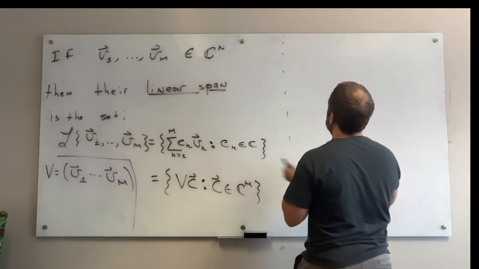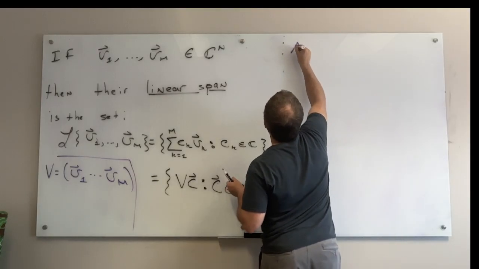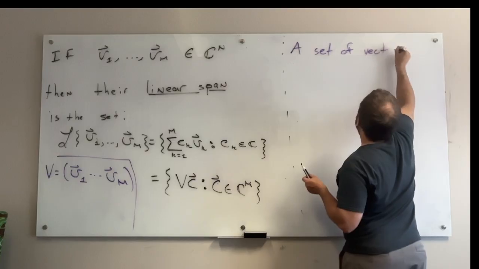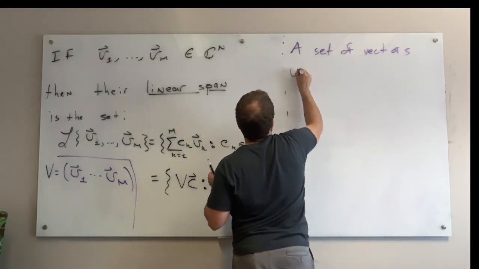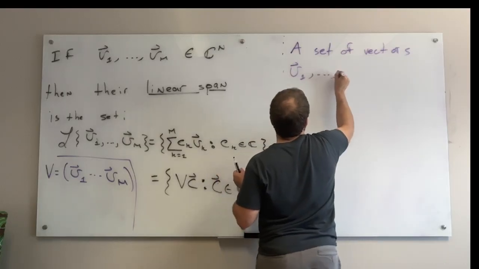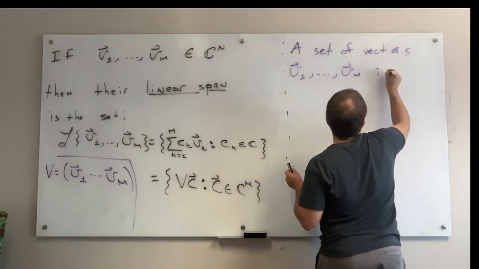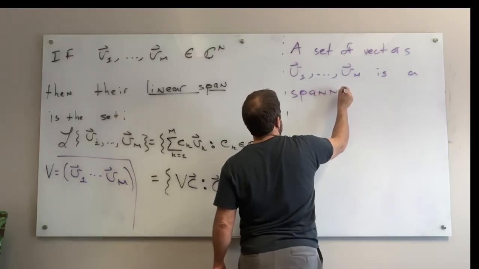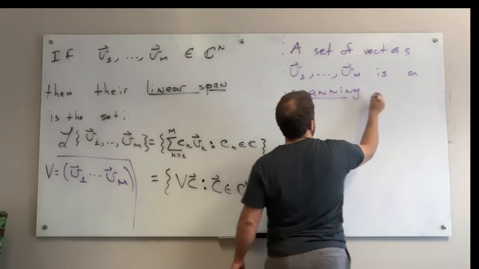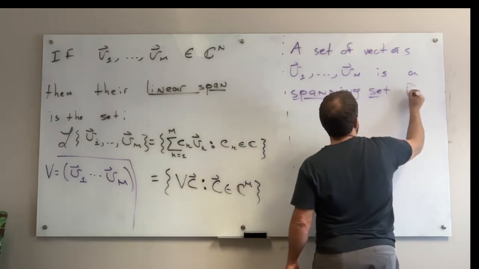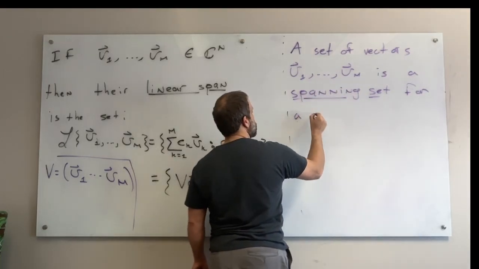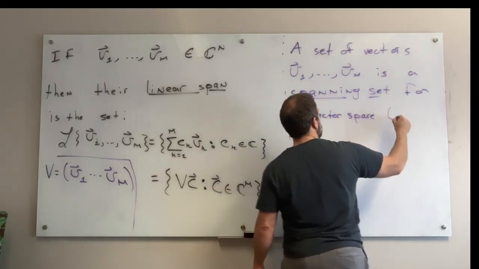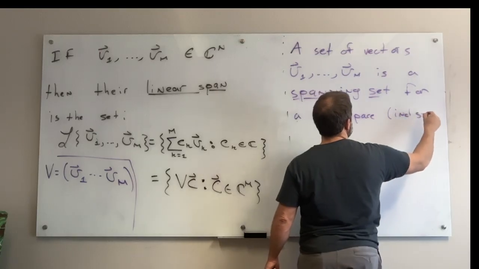A set of vectors v1 through vm is a spanning set for a vector space, and this includes subspaces.